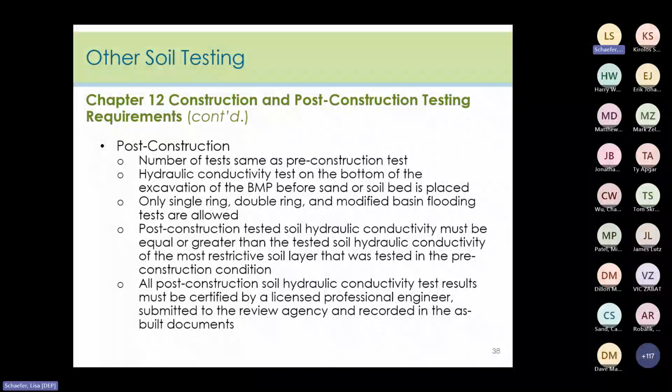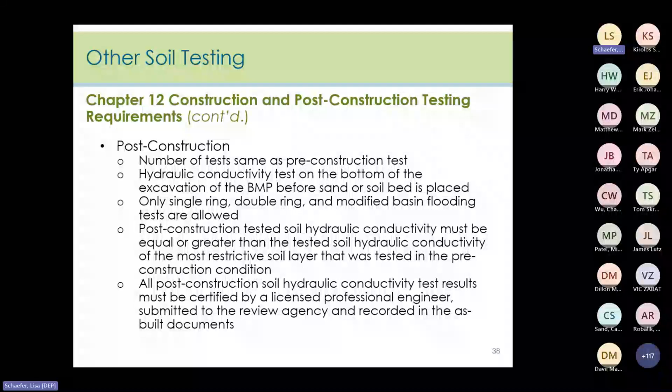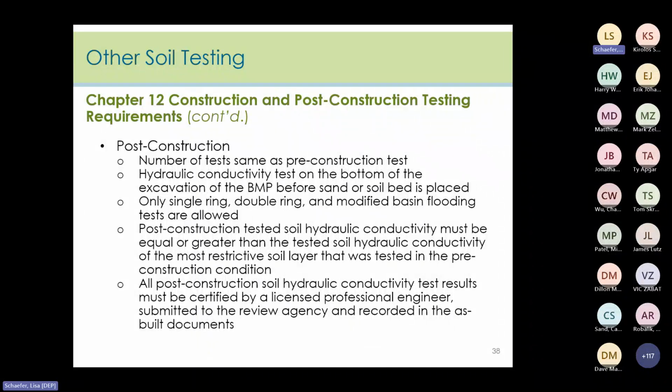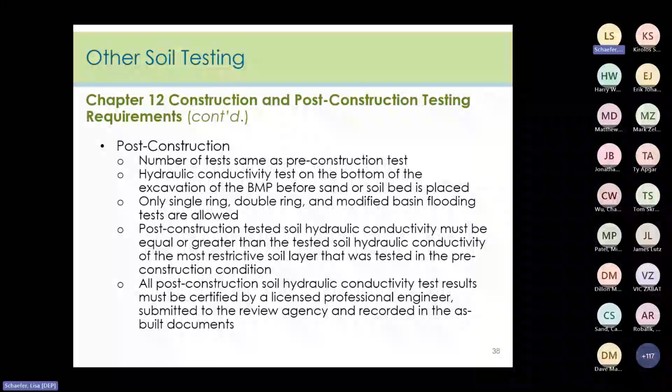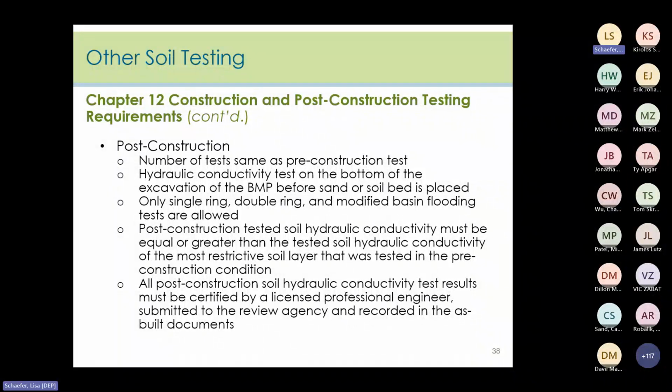Post-construction soil hydraulic conductivity tests must be conducted to ensure that the installed BMP functions as designed. This is part of the design criteria in many subchapters of the BMP manual. Such testing must be carefully undertaken when all BMP construction that may affect soil hydraulic conductivity has been completed.